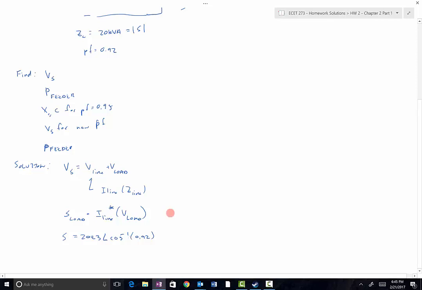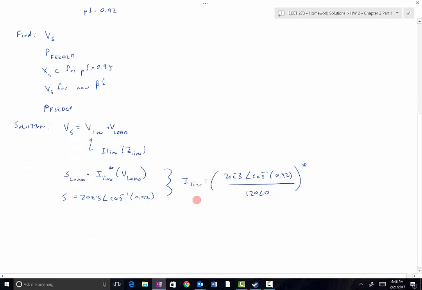And so if I combine this information, I find that I line is equal to 20 times 10 to the third at an angle of inverse cosine of 0.92 divided by the voltage, which we know we were serving this load at 120 angle 0. And then whatever that answer is, I just take the complex conjugate of it, and that'll give me I line.